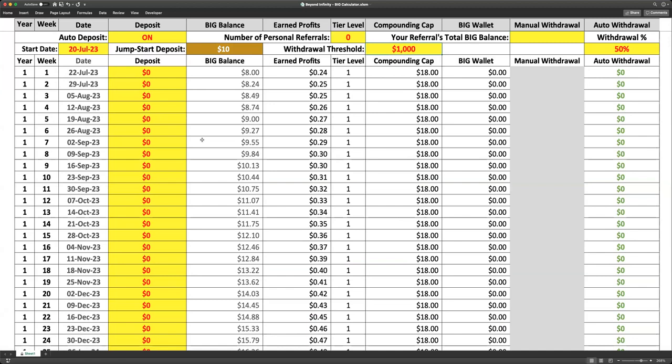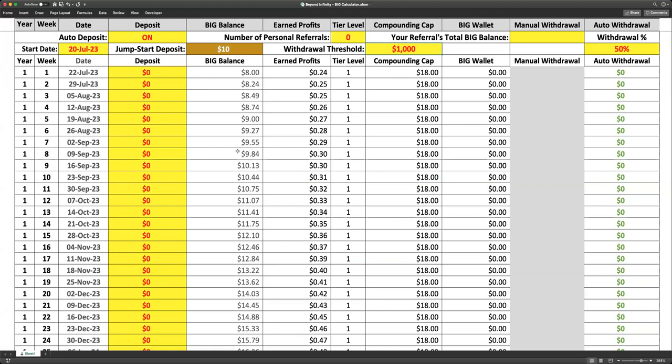The big difference here, if you get everybody to see what we're getting ready to show you next, you'll really understand how this program is different than anything out there. That $1,000 threshold represents, again, you're giving the calculator instructions.